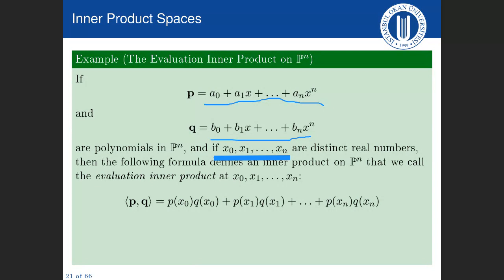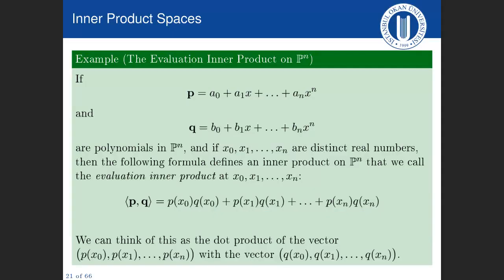And then I'm going to define a function of P and Q to be P calculated at x0 multiplied by Q calculated at the point x0 plus P calculated at x1 multiplied by Q calculated at x1, and then etc. We can think of this as the dot product of these 2 vectors, the vector P at x0, P at x1, etc., with the vector Q at x0, Q at x1, etc.